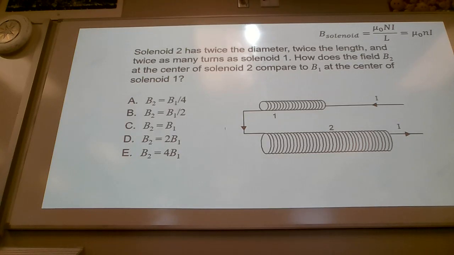If they leave it up to interpretation, they will ask you specifically whether you should consider this as a ring or as a solenoid. That's the only time you really need to do that. If it looks like a ring, it's a ring. If it looks like a solenoid, it's a solenoid. They won't bait you.